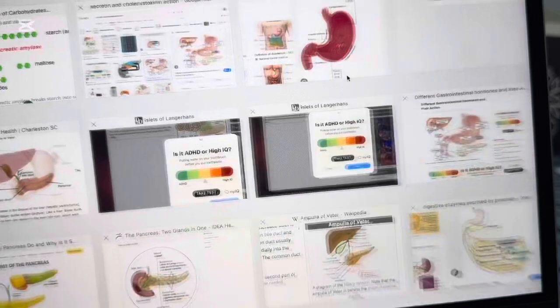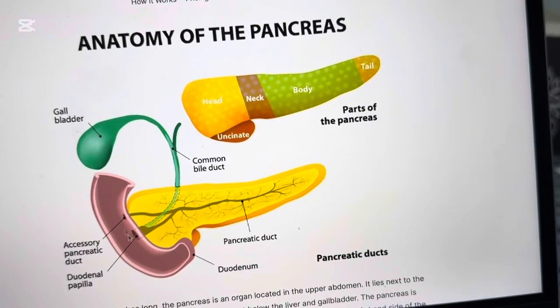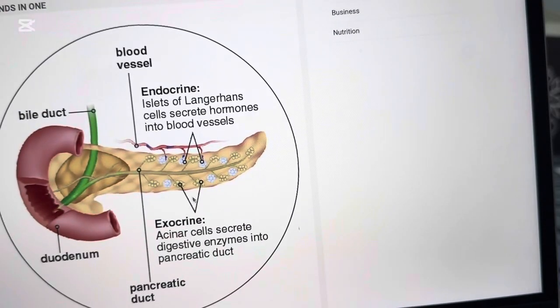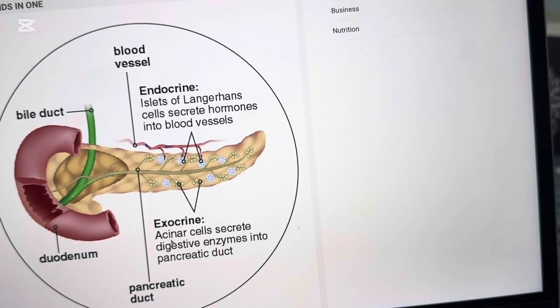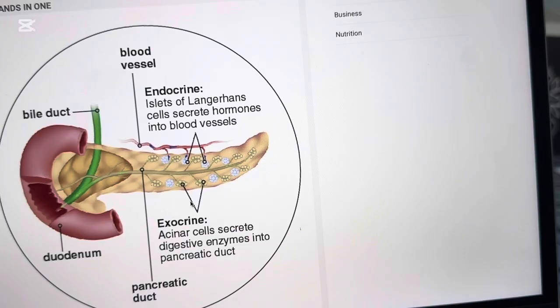And the reason why our duodenum is alkaline is because of the secretion of bicarbonate ions from the pancreas. Remember we discussed acinar cells? These acinar cells are not only responsible for secreting digestive enzymes, but they also secrete bicarbonate ions, sodium bicarbonate, into the duodenum.